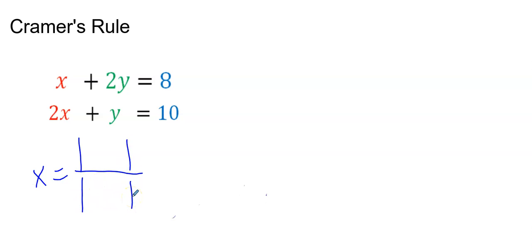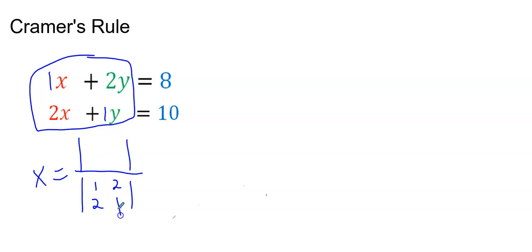What you do in the denominator, start with the denominator, you take all the coefficients there. So you get 1, 2, 2, and that coefficient is technically a 1 there. So 1, 2, 2, 1. Now the weird thing about this is up top, do you see how those x's are on the left? And this is x.